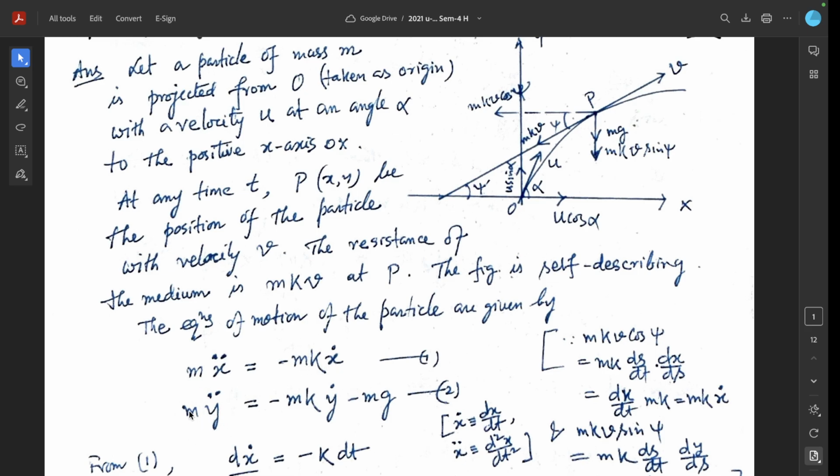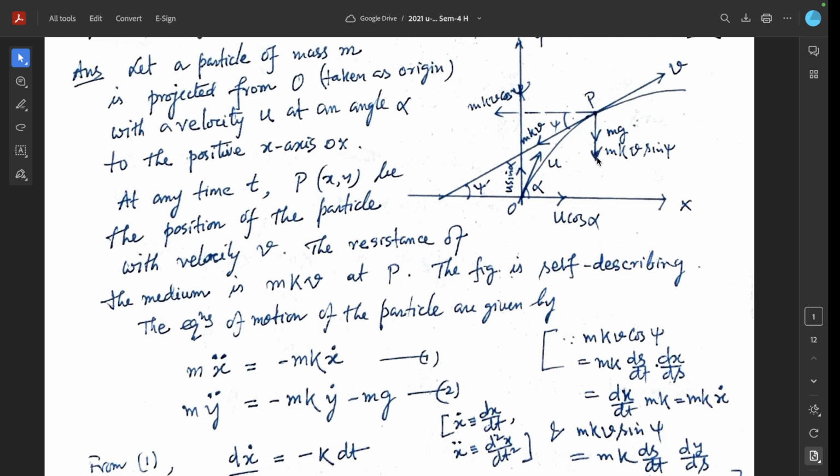For the vertical component, by Newton's second law, the equation of motion is mass into acceleration, m y double dot, equal to the force, minus mk y dot, because it is in the downward direction, which is the negative direction.